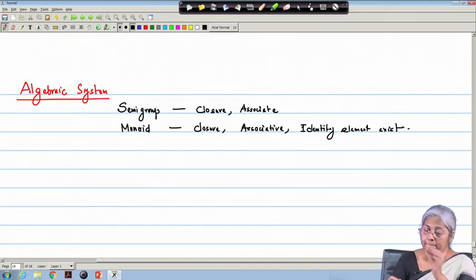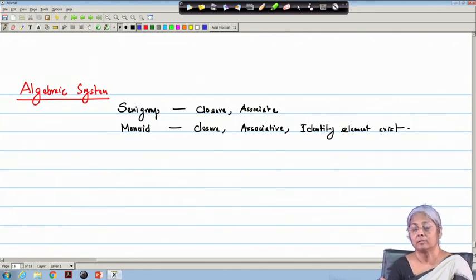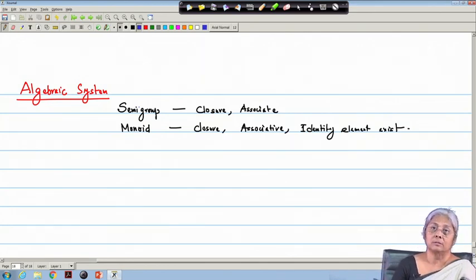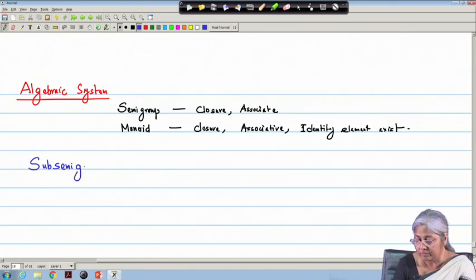Now, we define a subsemigroup, because for both these cases we have considered a set and we have given examples. So, now how do we define a subsemigroup or submonoid?